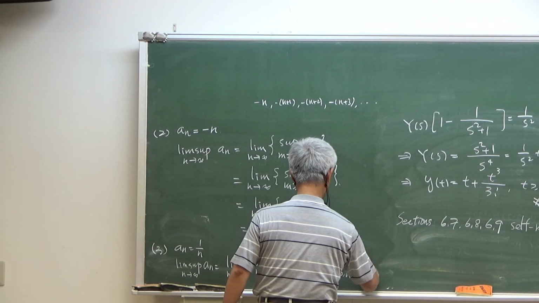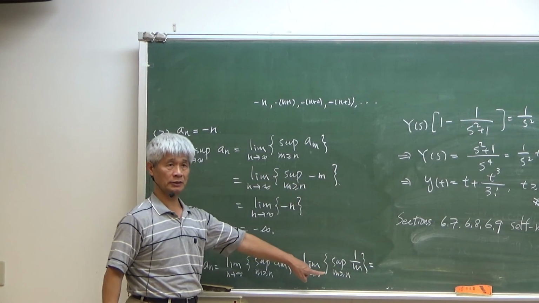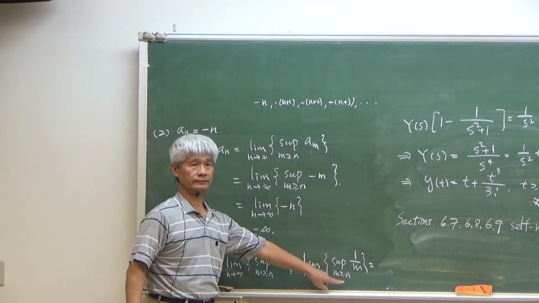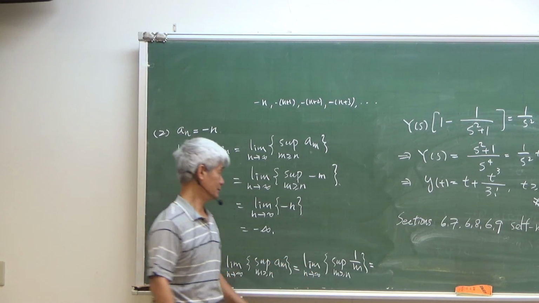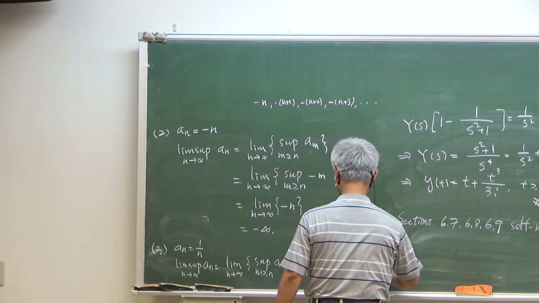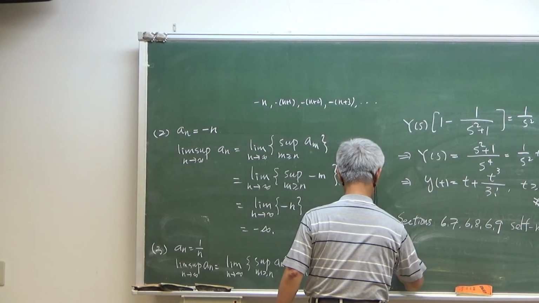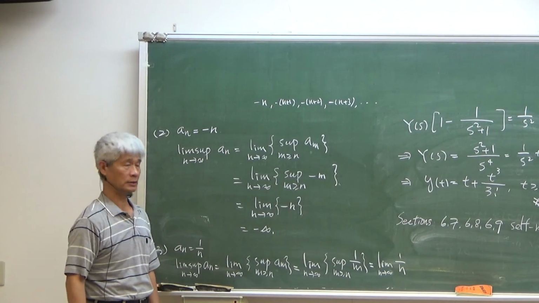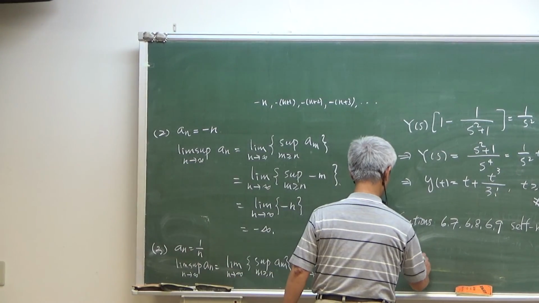And then for m greater than or equal to n, what is the supremum? 1 over n, right? The head is the supremum. And this goes to 0.